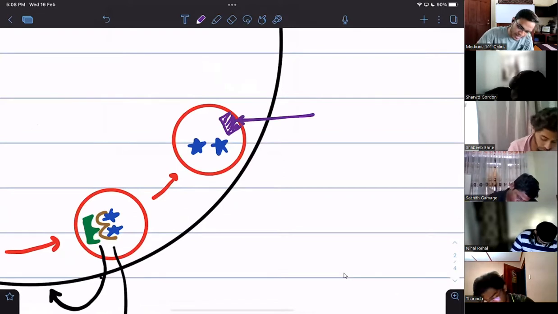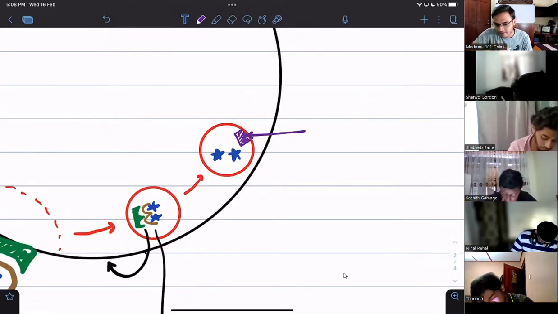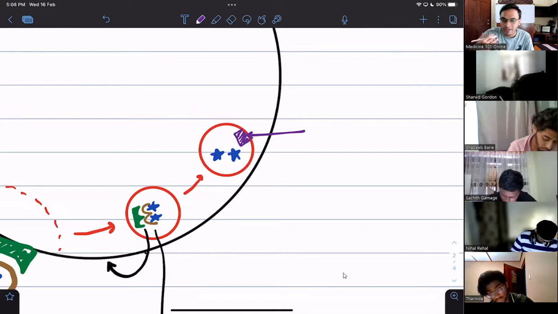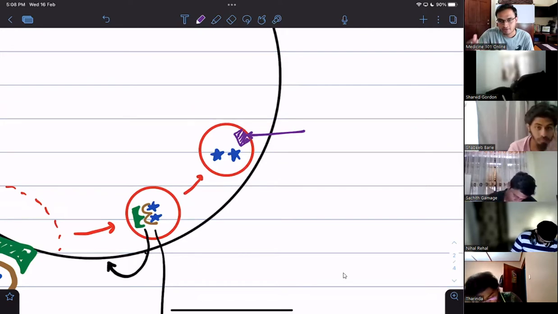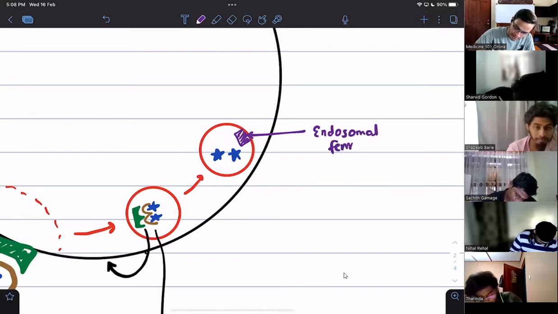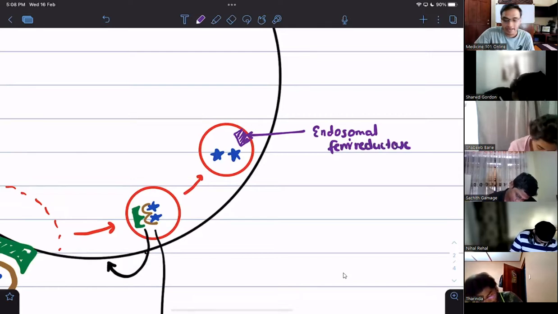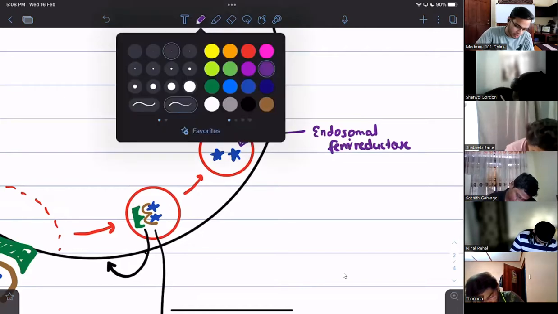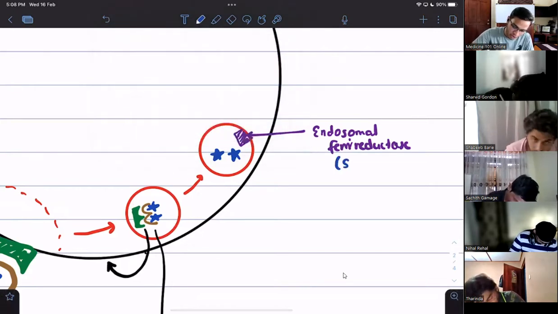The enzyme name is a little bit different, right? It's a ferrireductase again, because we are converting 3 plus to 2 plus. But what we call this, guys, is endosomal ferrireductase. For those who want to read extra at home, right?